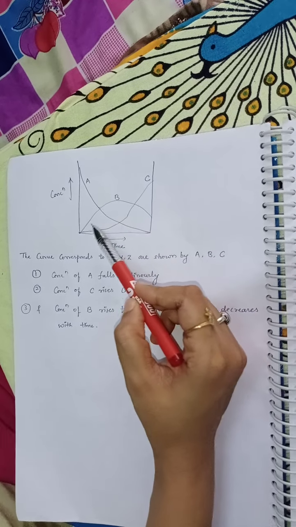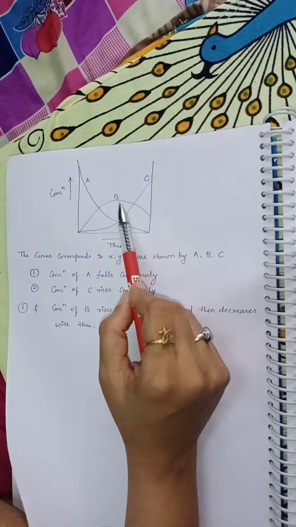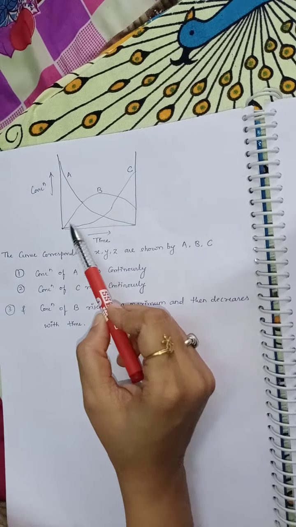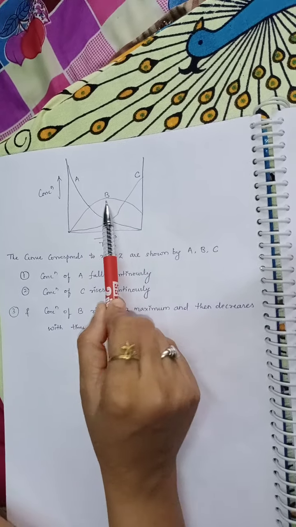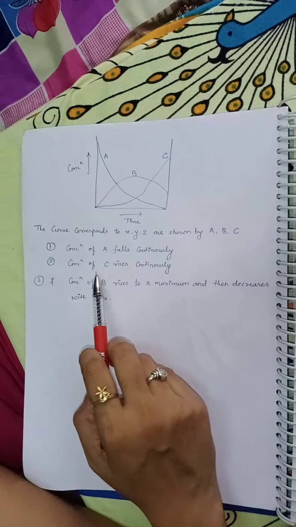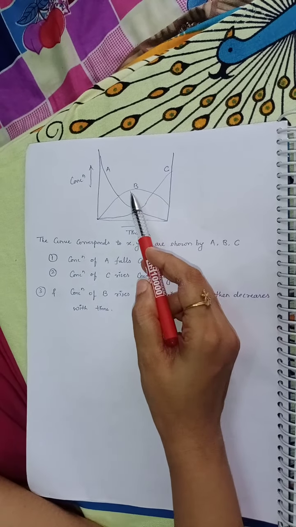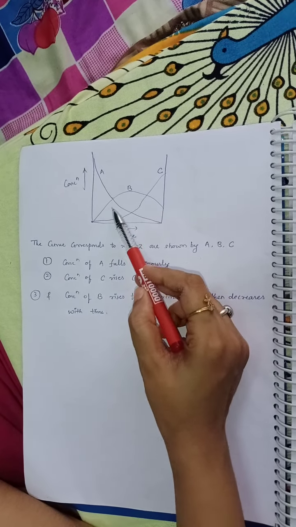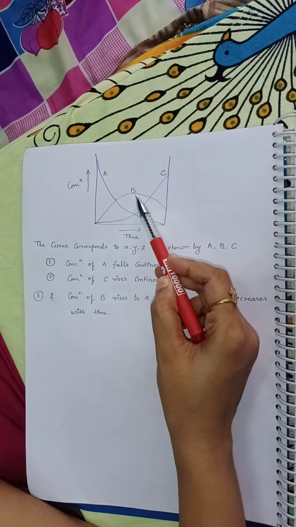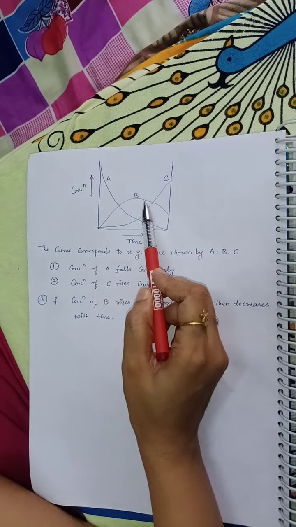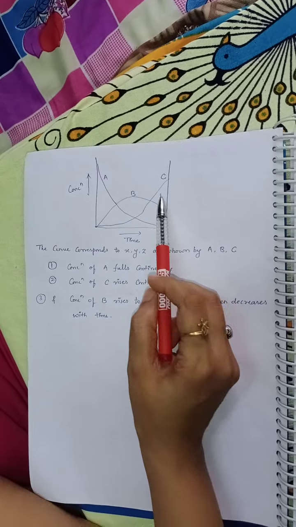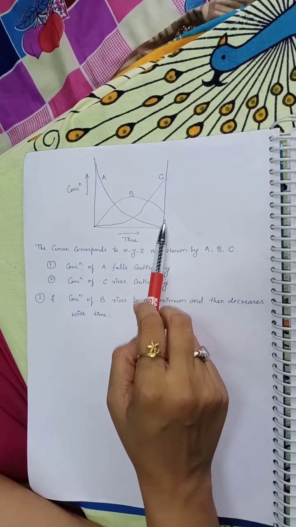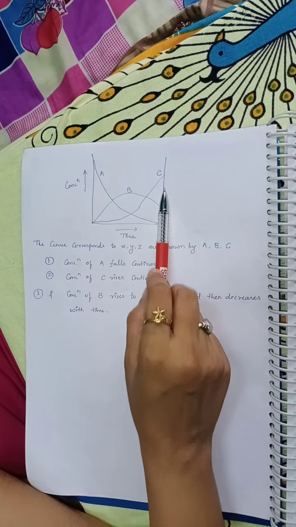But when you see the curve for B, the concentration of B rises to a maximum and then decreases with time. So this is the whole reaction, which you can understand through a graph.